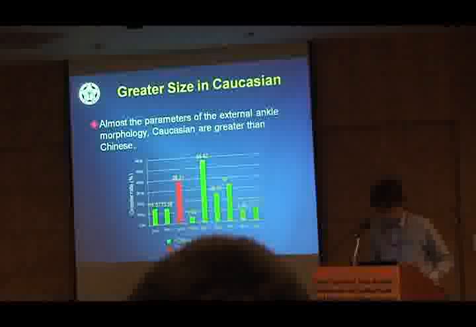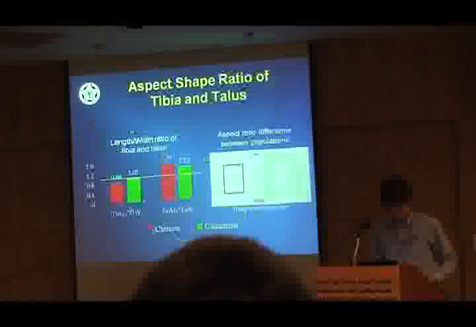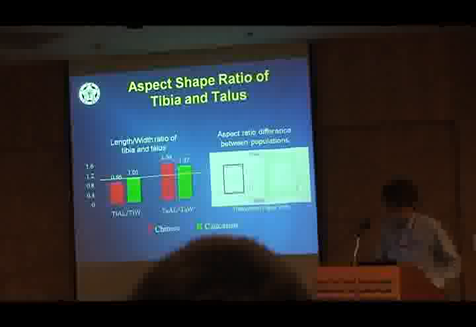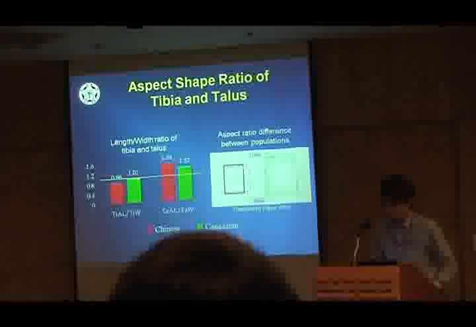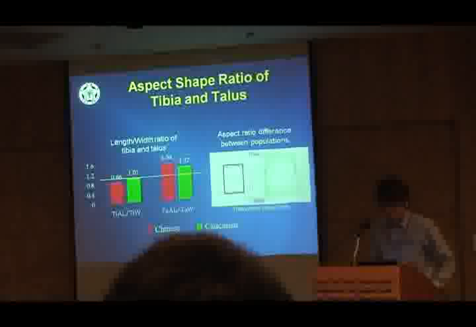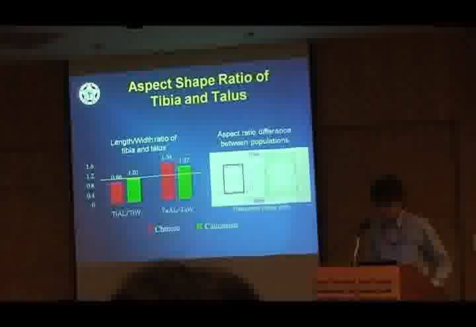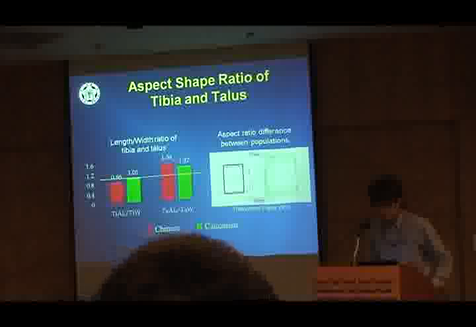As for the aspect ratio of the tibia and talus, the length and width ratio of the talus and tibia of the Caucasian population are closer to square than in the Chinese. So the figure shows the unmatched size between the two populations.